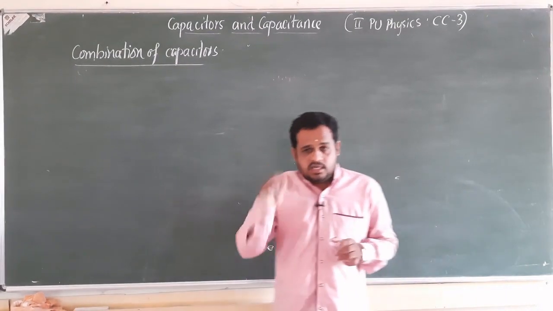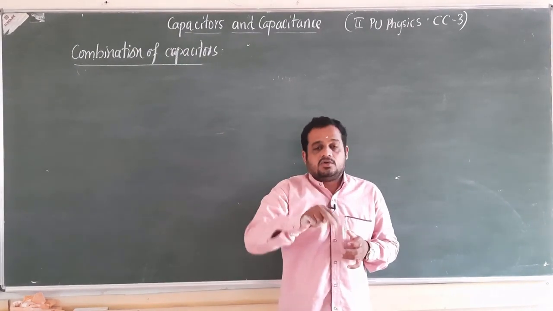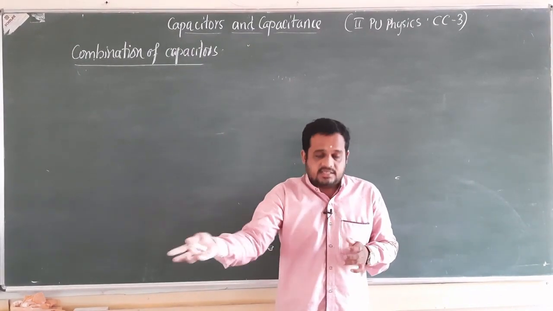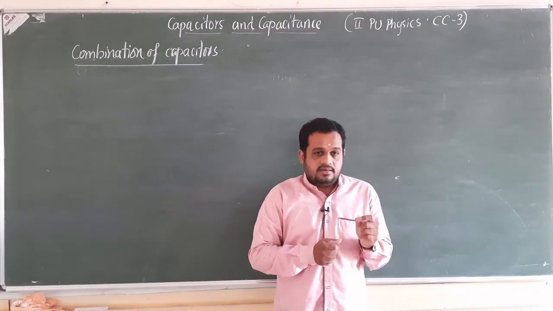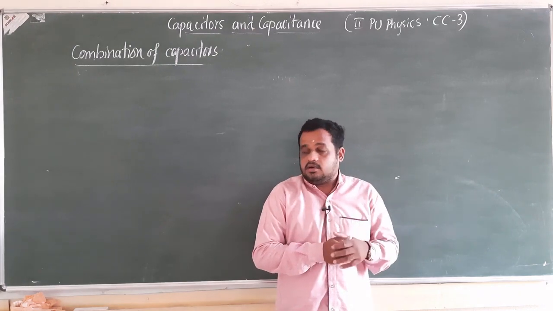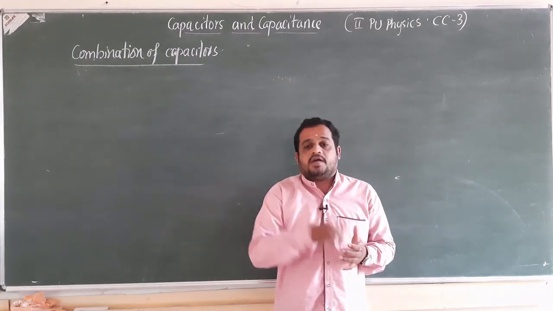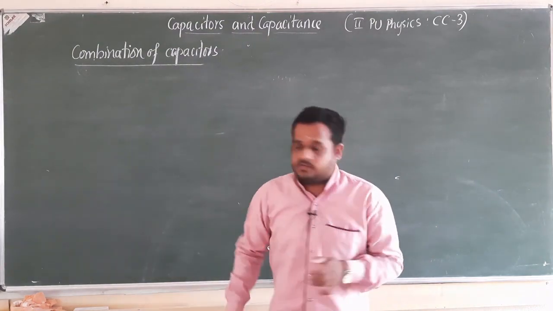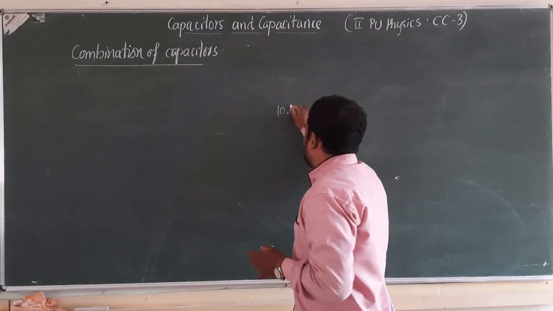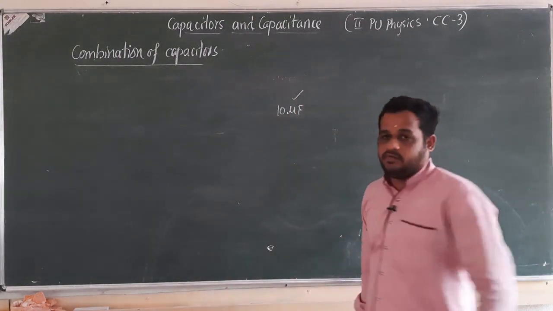In a circuit, if you want to connect a capacitor whose value is other than a standard value, then to get that particular value of capacitor, you have to use a combination of capacitors. For example, 10 microfarad, if it is a standard value, then the company will manufacture this 10 microfarad.